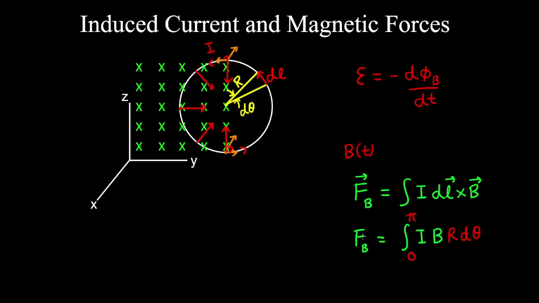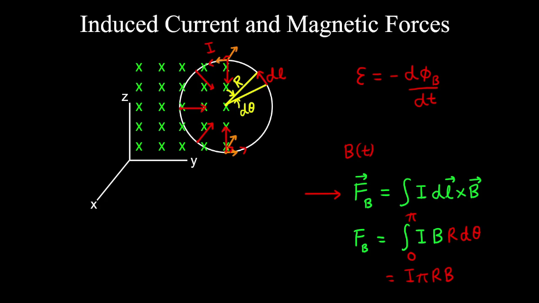So therefore the magnitude of the net magnetic force is IπRB. And by symmetry, the net force on this left half of the loop is going to point to the right. So this will cause a translational acceleration of the loop.